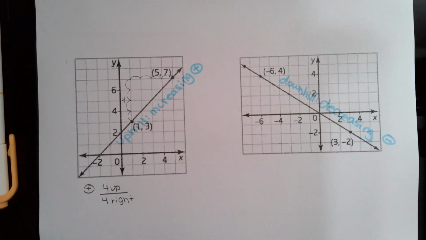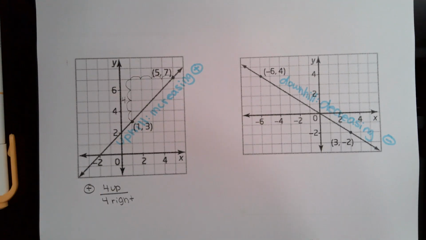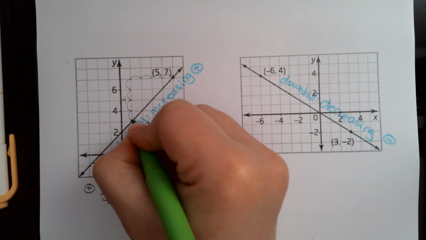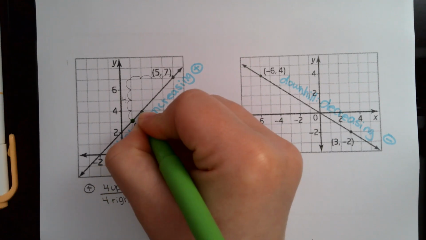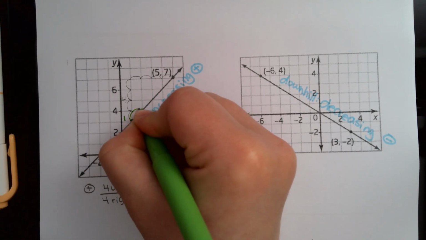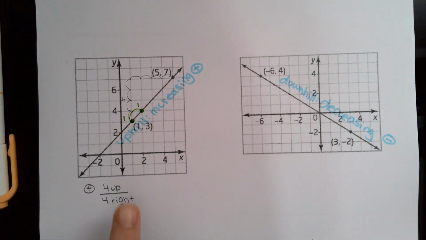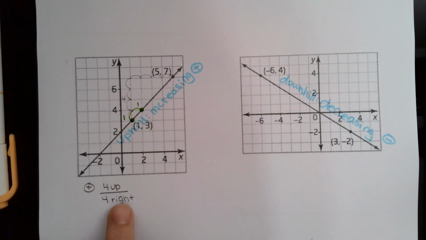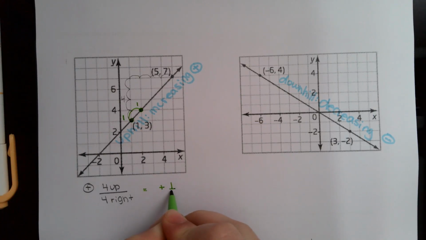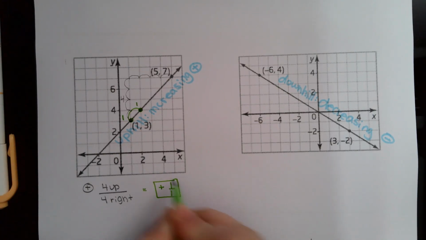I don't have to choose those points that they've given us. Sometimes it's better to choose your own. So if I choose this one, I'm going to find the next pretty point, which is here. And I know that I'm going to be going up 1 and to the right 1. Or you can use the points that they've given you and simplify, which means I have a positive 1/1 slope. You can simplify that to just 1.